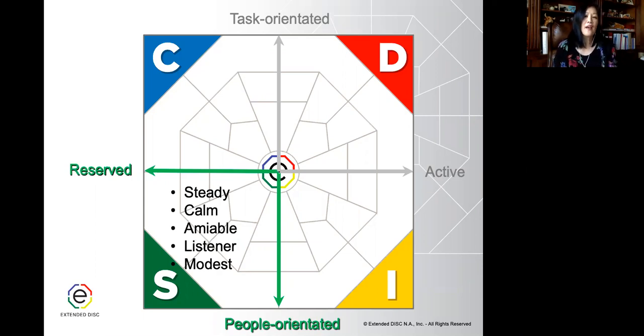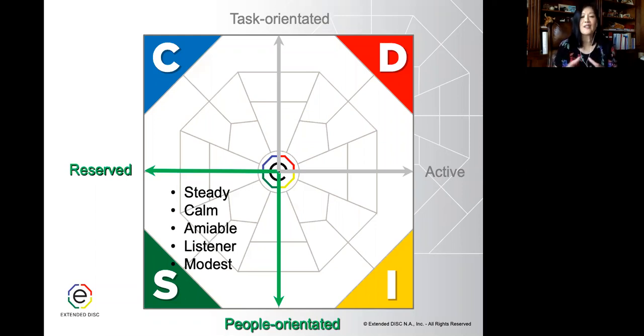On this slide, you can see again the Extended DISC diamond with the 4 quadrants, the 4 main DISC styles that Marku talked about. And you can see that the S style is on the more reserved half of the model versus the right, active side. Not only are the S styles on the reserved side, but they also happen to be on the bottom half of the model, where we have S's and I's as the more people-oriented styles versus the C's and D's at the top half being more task-oriented.